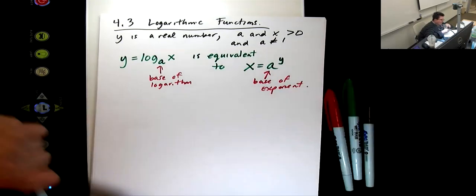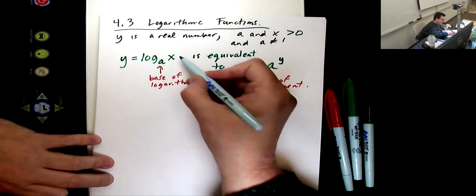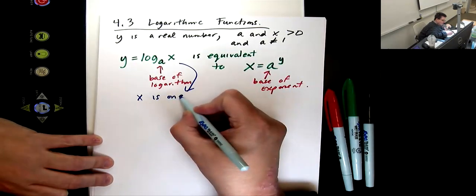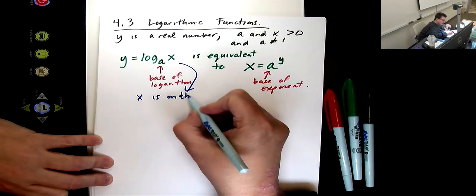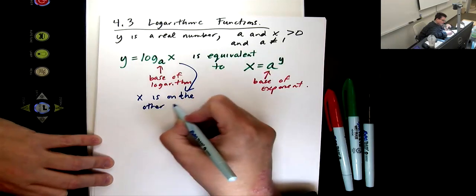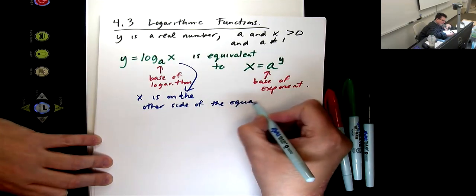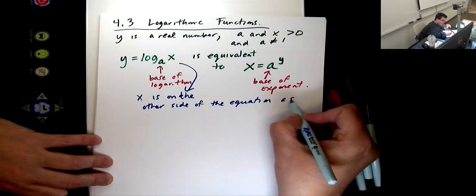Then the way I remember how log x switches, I remember x is on the other side of the equation as an exponential.